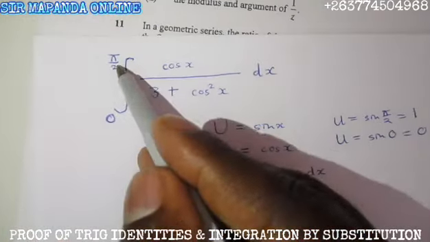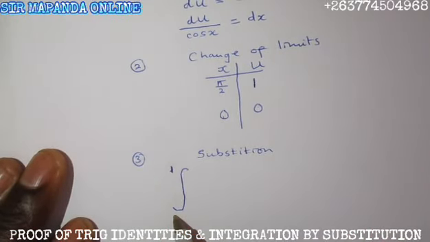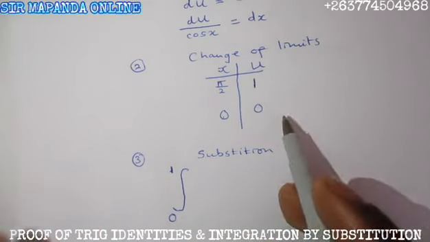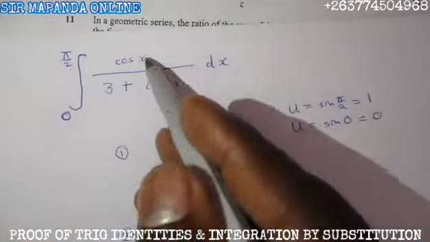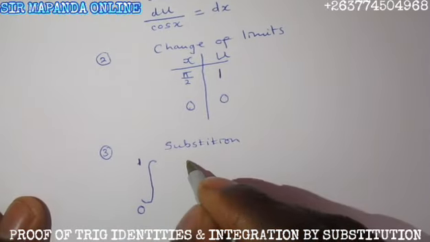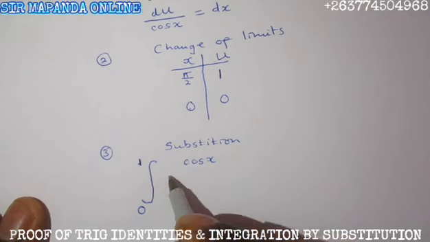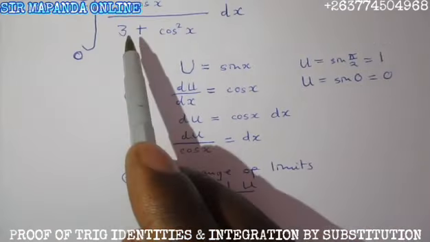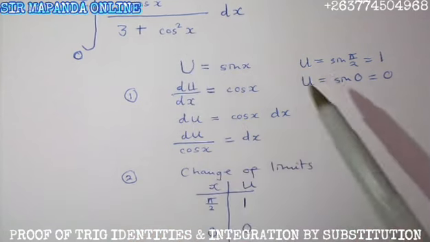This pi over 2 is going to be replaced by 1. And 0 is going to remain the same since the lower limit is not changed. Right. Then as for cos x, you can write cos x as it is. Then all over 3 plus cos squared x.